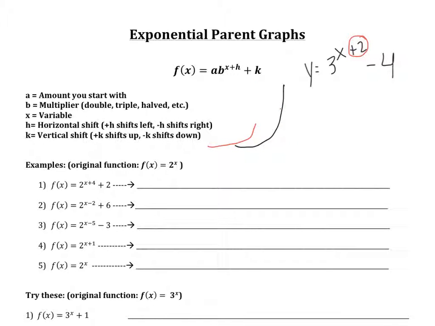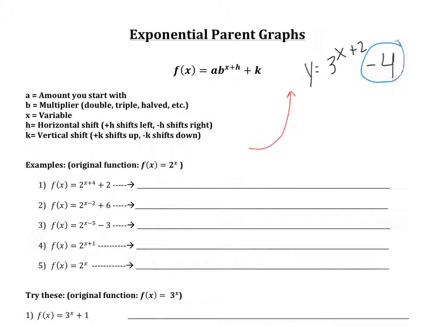So now let's erase that. Let's just erase the whole thing. Okay. Now let's look at k. K is the vertical shift. K will shift it up or down. So 3 to the x looks kind of like that. If k is positive, it's going to shift it up. If it's negative, it's going to shift it down.